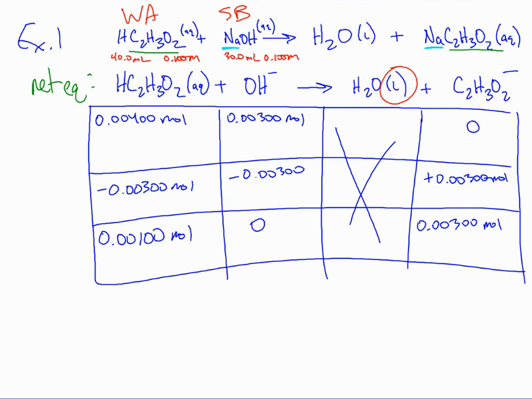So we were calculating the moles of each substance, assuming the reaction went to completion. So we had 0.001 moles of the acetic acid left, 0.003 moles of the acetate left.